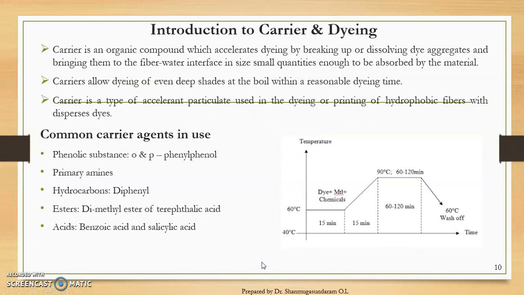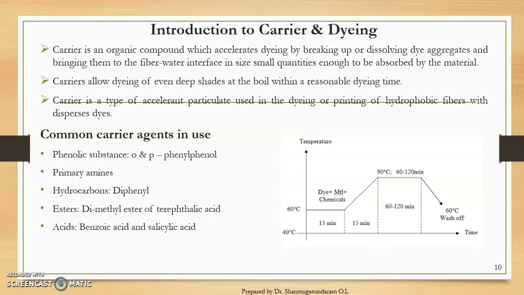Now let us discuss the first dyeing method, that is the carrier dyeing process. A carrier is an organic compound which accelerates dyeing by breaking up or dissolving dye aggregates and bringing them to the fiber-water interface in small quantities enough to be absorbed by the material.